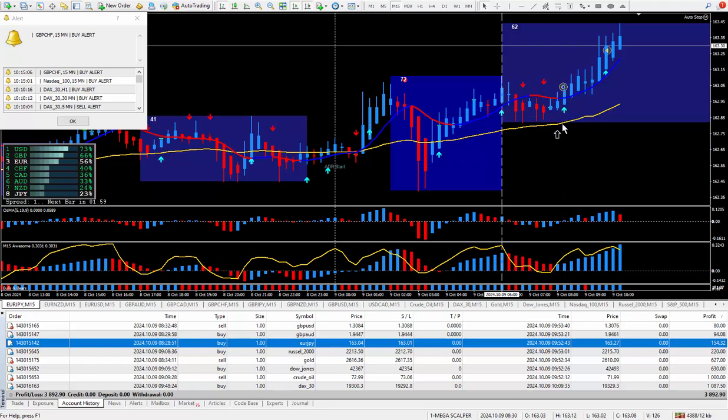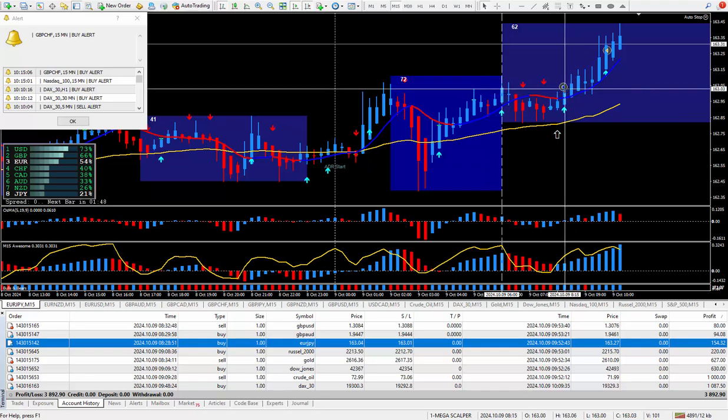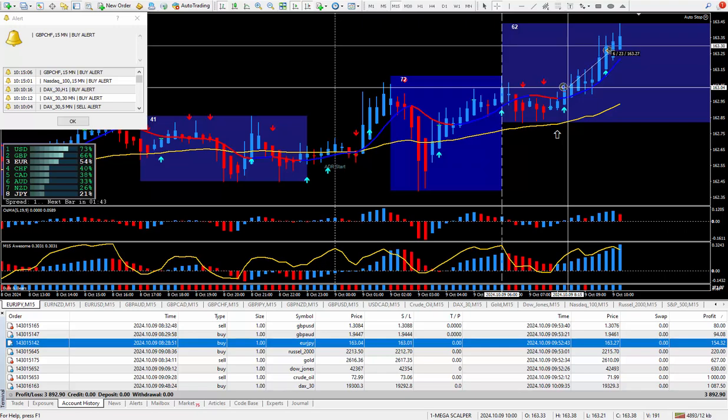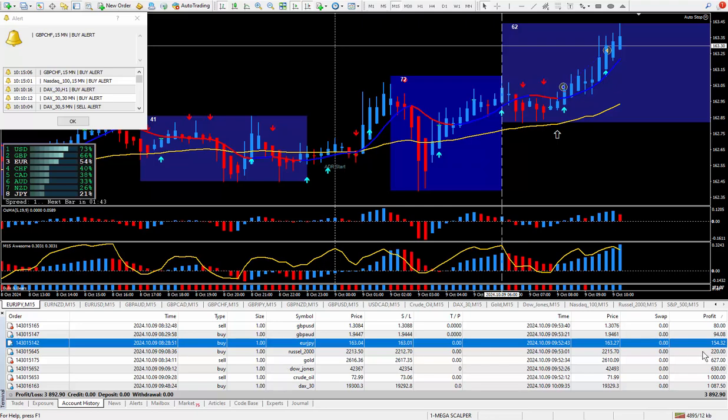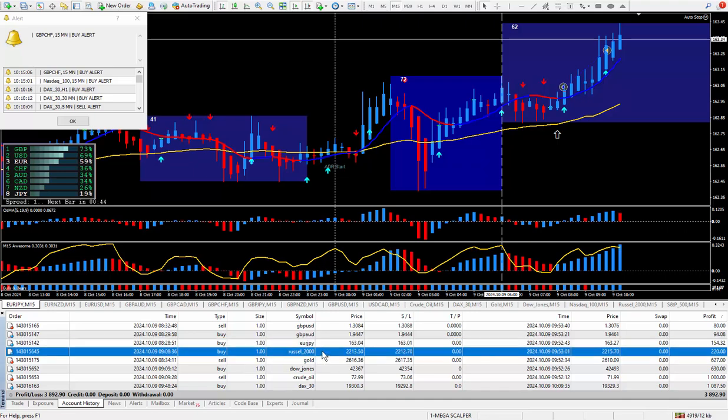So we had the arrow from the daily trade plan, the super signal arrow. Took the trade at this point, closed it out here, being happy. Looks like 23 pips, paying out $154.